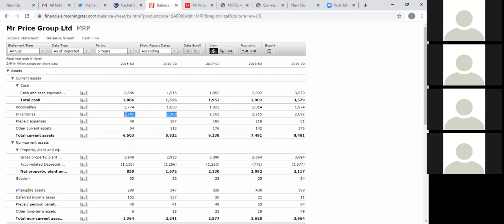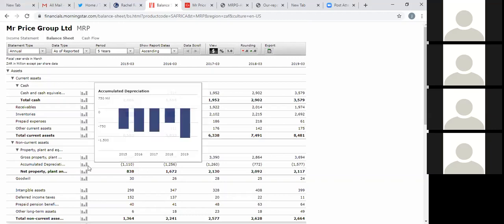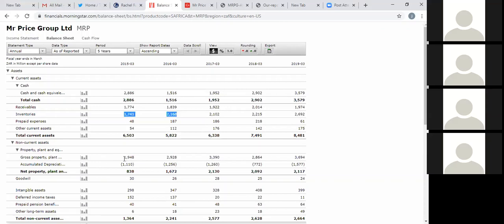Even the property under non-current assets also jumped. In 2016 and 2017 it jumped by literally like 1 billion. So it's quite a lot of money.